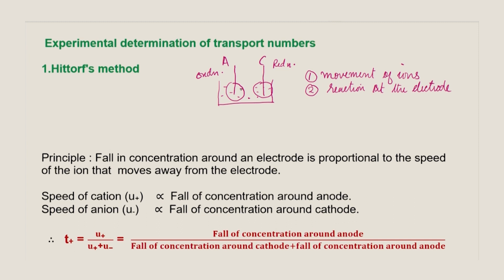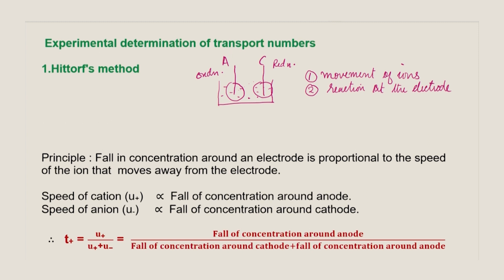So, such ions will be moving away from the anode, and around the cathode those ions which want to get oxidized will be moving towards the anode, and therefore, there will be a decrease in such ions around the cathode.